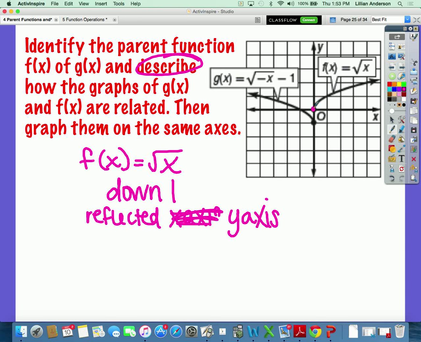And then you move down 1. And there it is. 1, 1. It gets reflected over the y-axis. And then it moves down 1. 4, 2. That gets reflected over the y-axis and then moves down 1. Does everybody see how that other graph came to be?